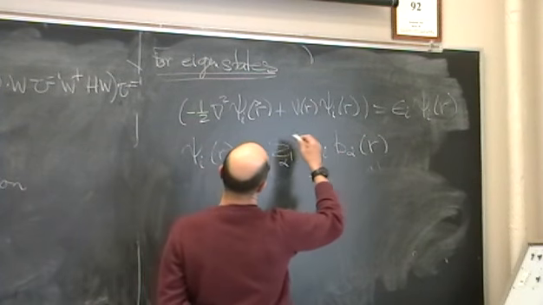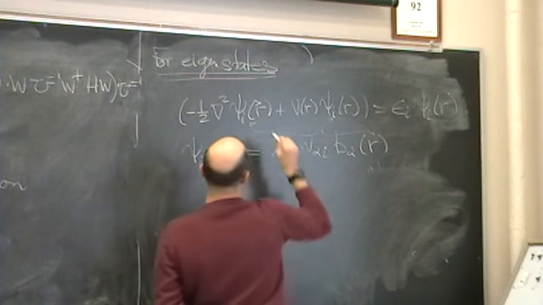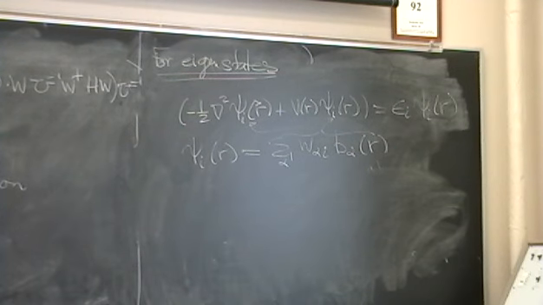Clearly, I'm going to insert my expansion into my wave functions, which will then give me a condition independently on every point in space, which are too many conditions. So what do I do to get down to the right number of conditions? We multiply with B star.